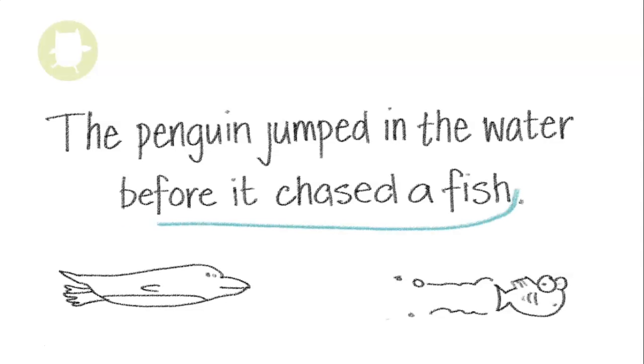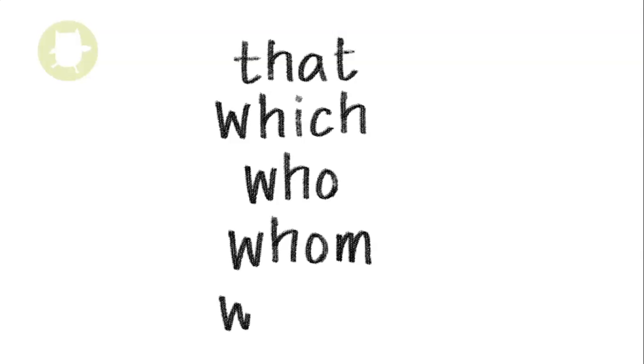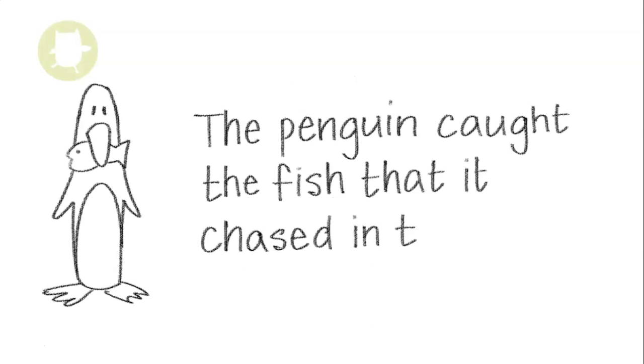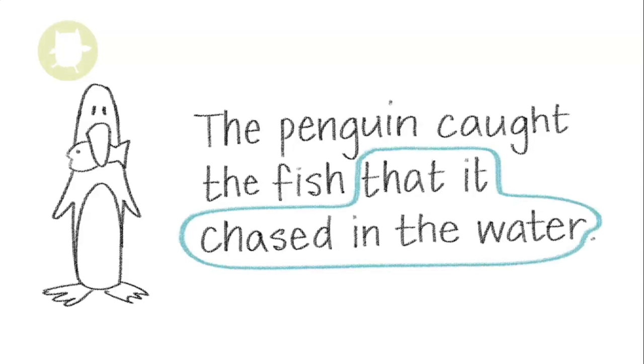Before it chased a fish is a subordinate clause. A relative clause. A relative clause is a type of subordinate clause. It is connected to the main clause by a relative pronoun, such as that, which, who, whom, or whose. The penguin caught the fish that it chased in the water. That it chased in the water is a relative clause.